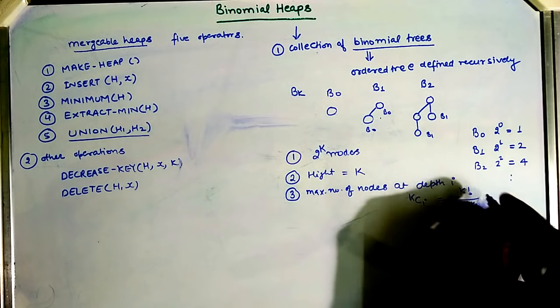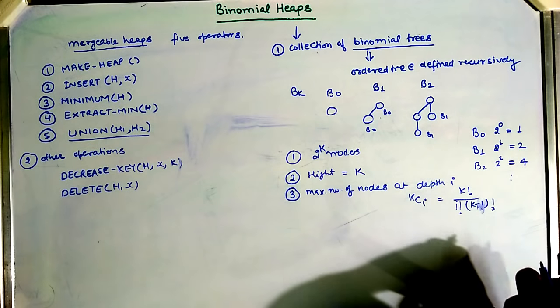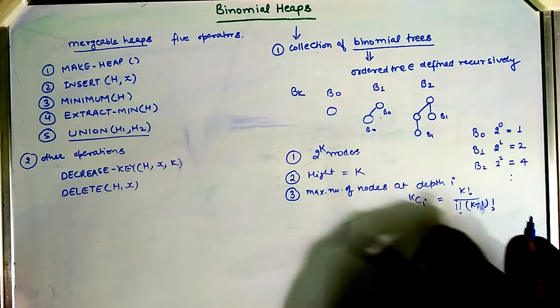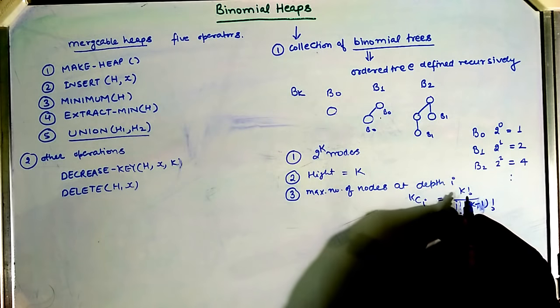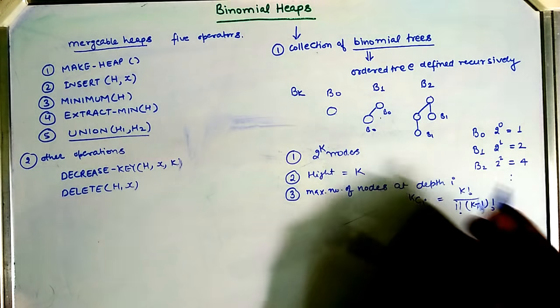Sorry, it is factorial k minus i. Okay, so at depth i, how many nodes are there: factorial k upon factorial i into factorial k minus i. So you can verify it.